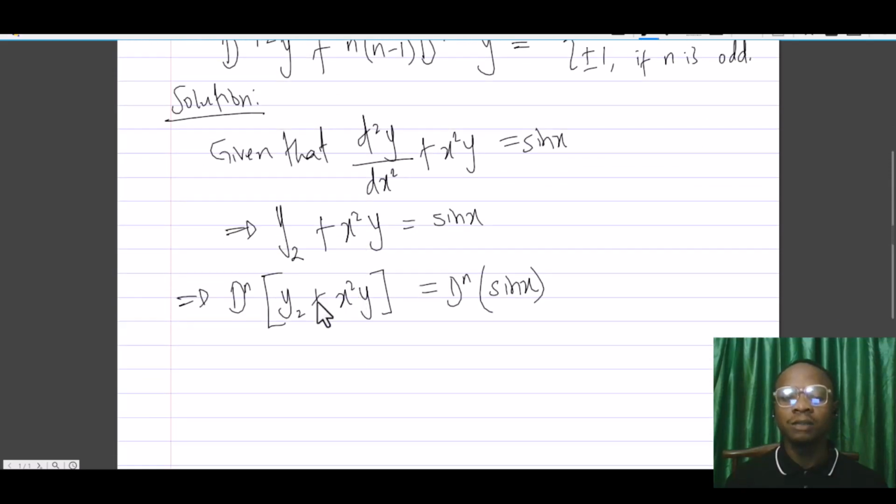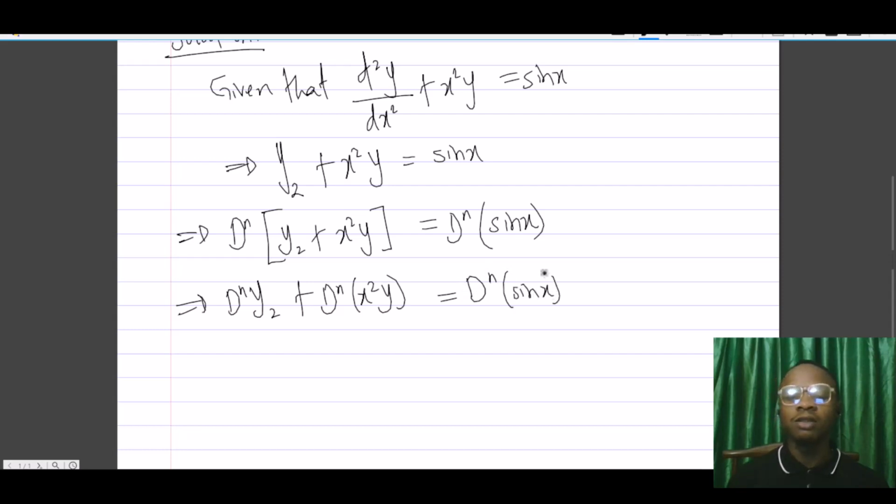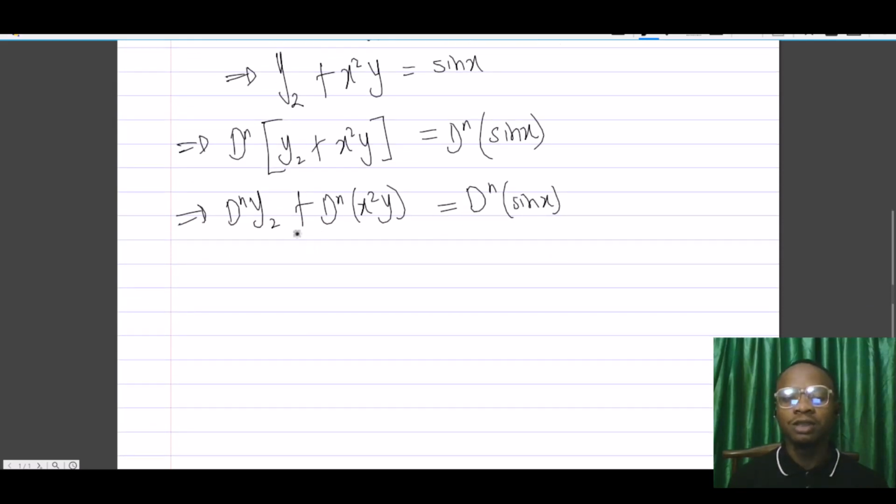Okay, so going further now, when we open up this bracket, this is going to be the nth derivative of y sub 2, plus the nth derivative of x squared y, equal to the nth derivative of sine x. In all of this, we don't need the Leibniz formula to obtain the first derivative.